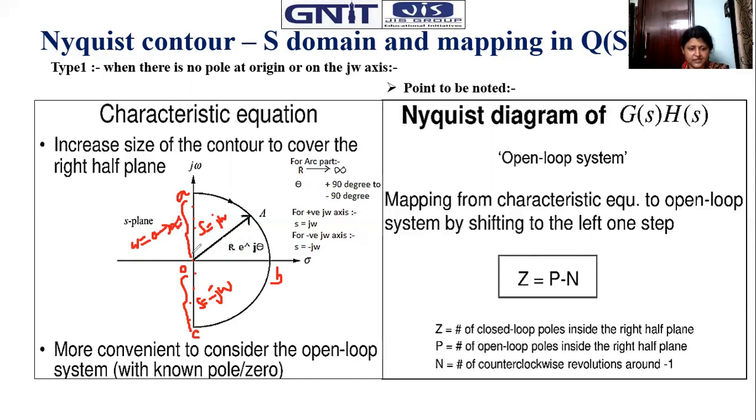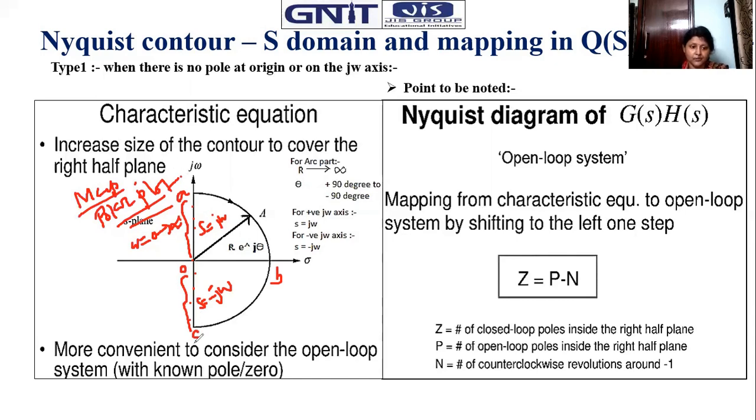So throughout the imaginary axis, as well as throughout the right hand side of the plane, for an unstable system there may be poles at the right hand side.